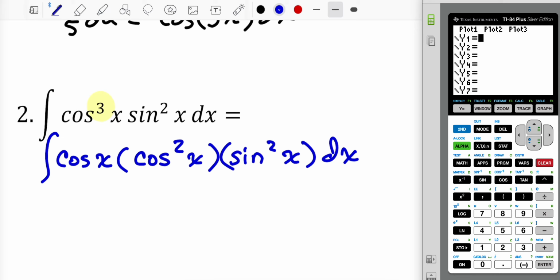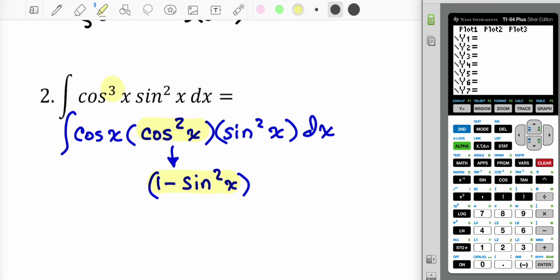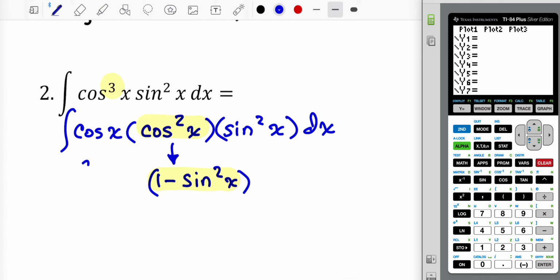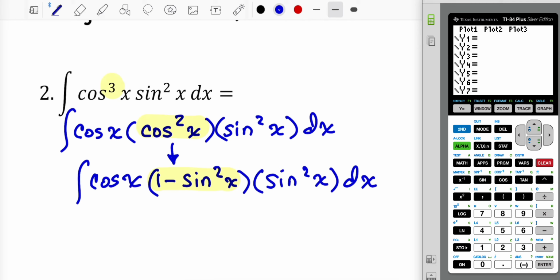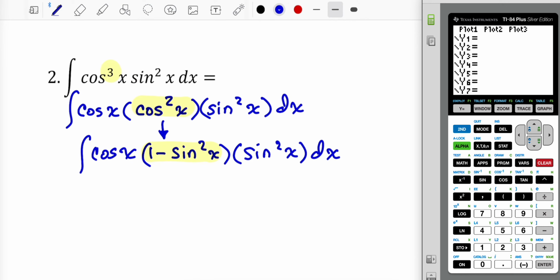Swap out the cosine squared for a 1 minus sine squared. Everything else comes along for the ride. I can multiply these two things together: sine squared x minus sine to the 4th x.